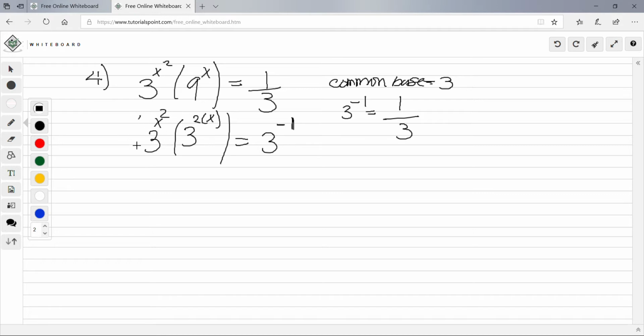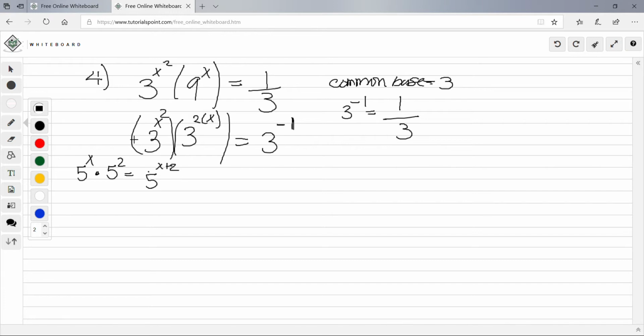Remember the rule for multiplying powers? Let's say you have 5 to the x times 5 squared. When we're multiplying exponents, you're really adding, so that's 5 to the x plus 2.